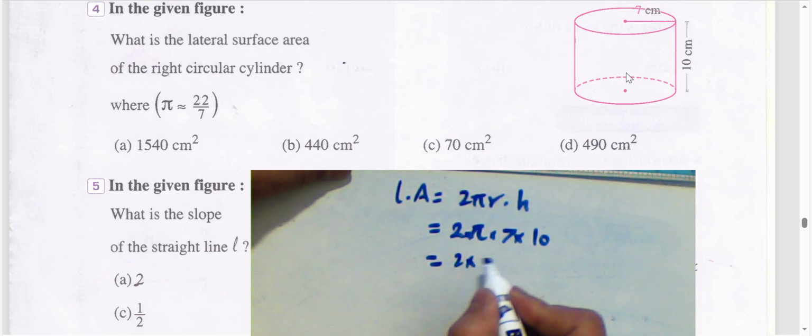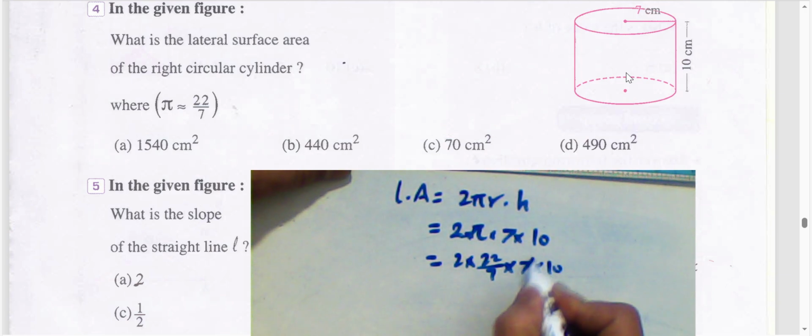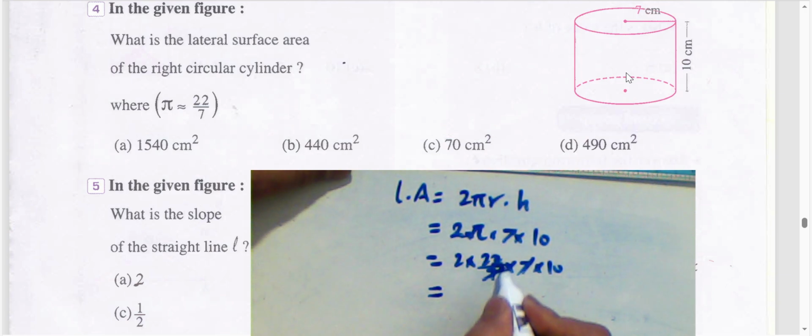Okay, write 2 times 22 over 7 product by 7 product by 10. 7 divided by 7 is 1, 2 times 22 is 44, times 10 will be 440 square centimeter.